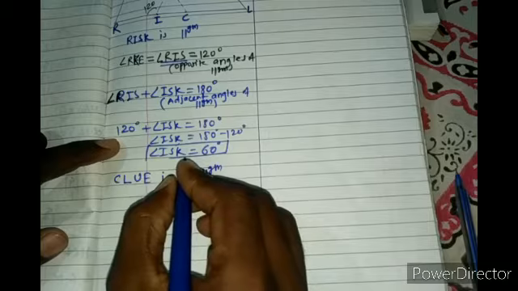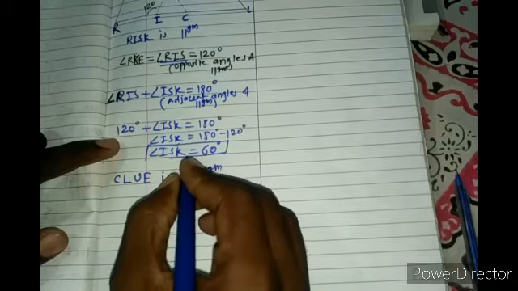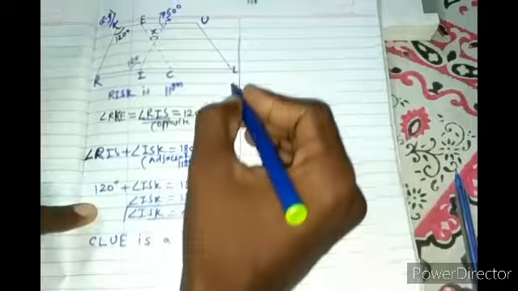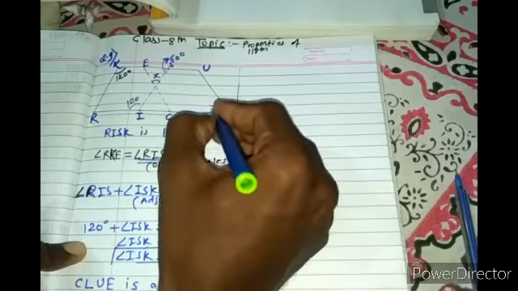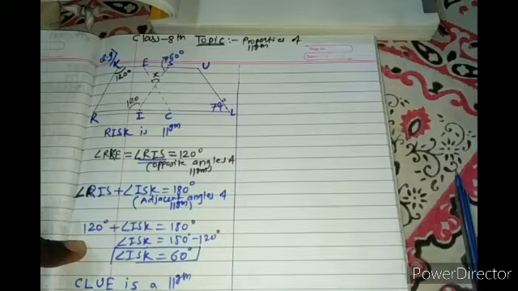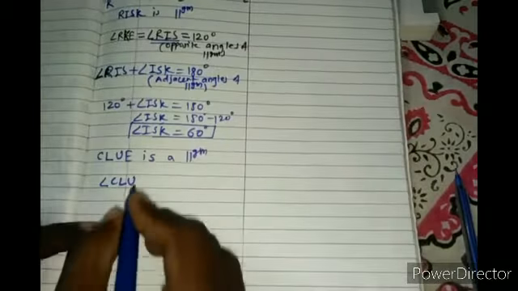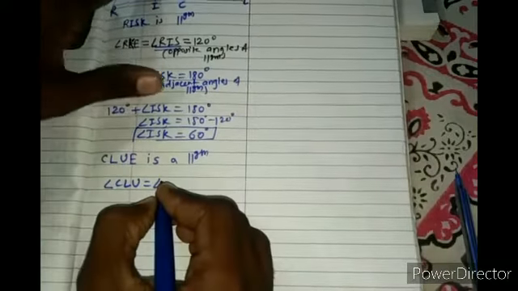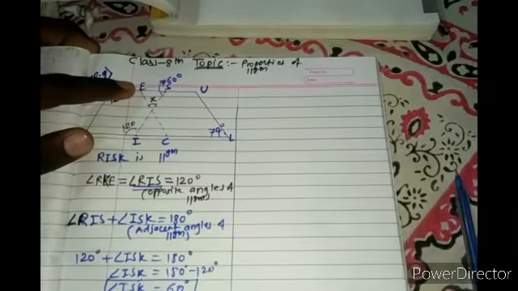In this also this angle is already given as 70 degrees. Now we have to find this. So angle CLU is equal to the opposite angle, CEU.